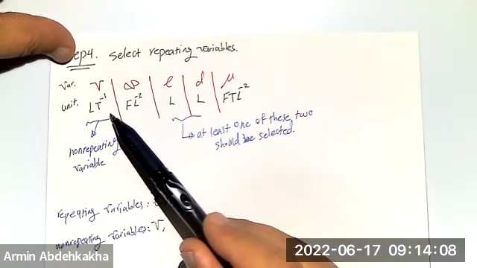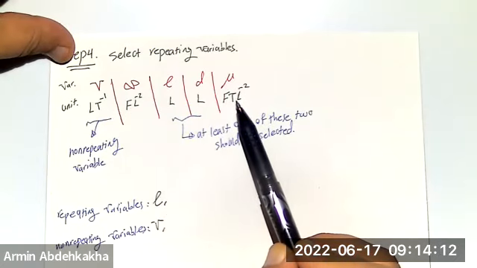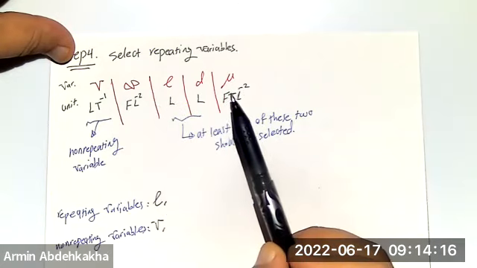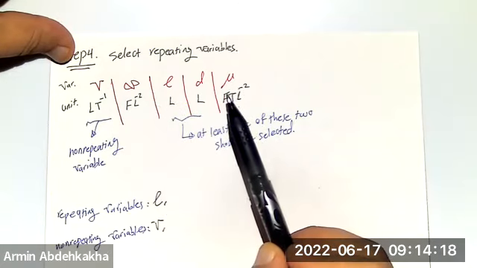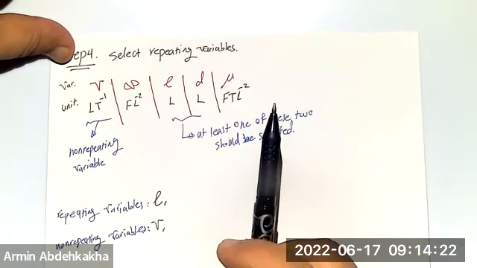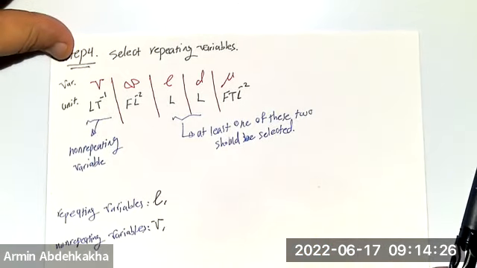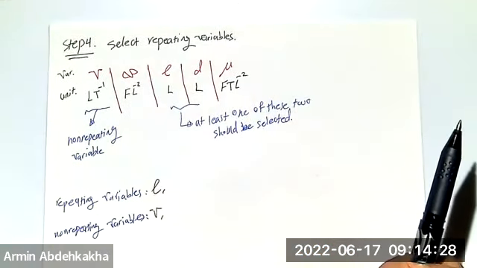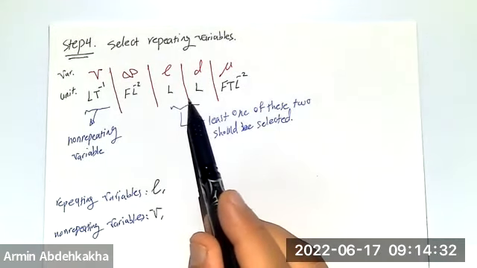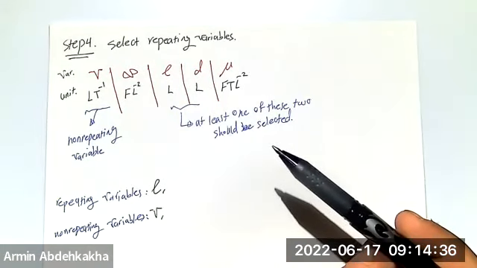If you choose these three, then you cannot cancel out T, because these two are going to be your independent variables. Mathematically, that is not possible. So choosing delta P, L, and D is not possible to solve.